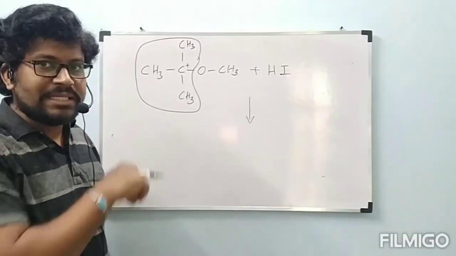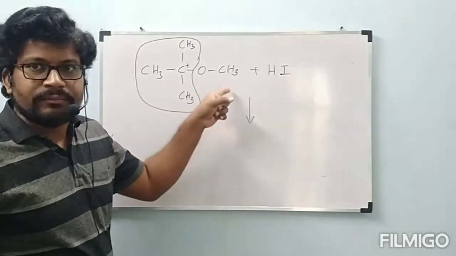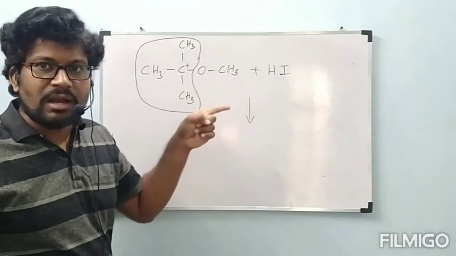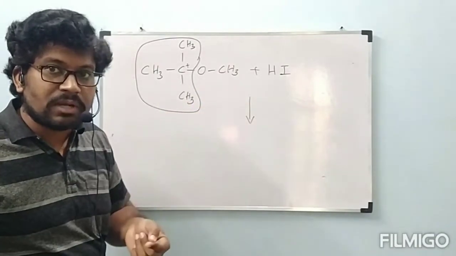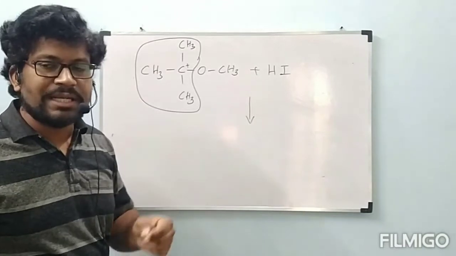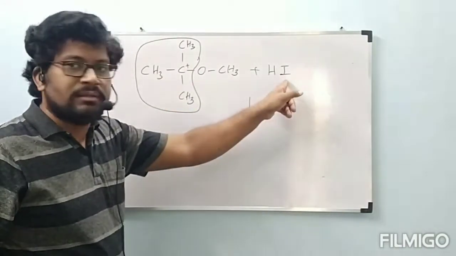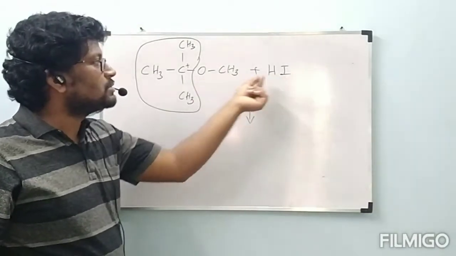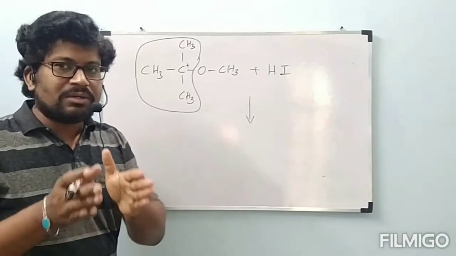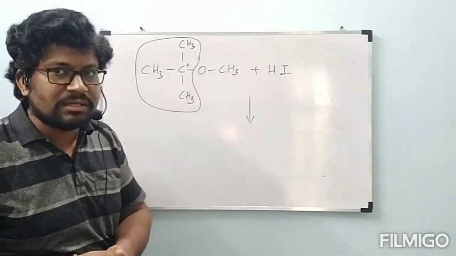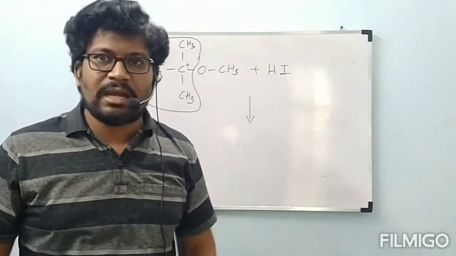Now coming to branched chains. If you have a branched chain and a normal chain, the branched chain will form a more stable carbocation when compared to the normal chain. That's why that more stable carbocation is bonded with iodine, and the remaining substance is bonded with hydrogen to form an alcohol. So our total concentration is on which is formed as alcohol and which is formed as alkyl iodide.